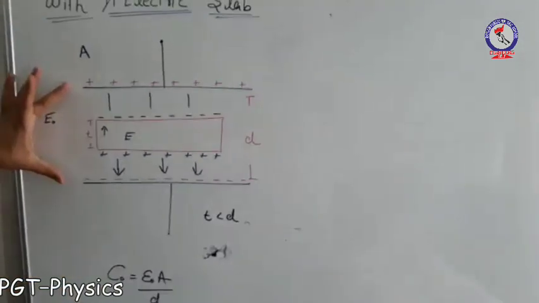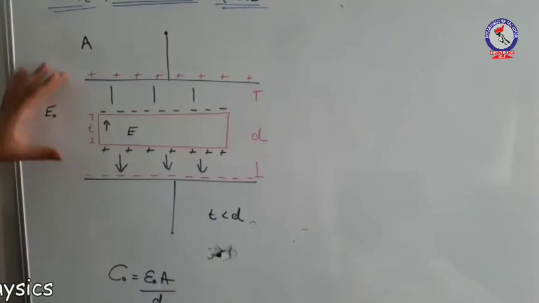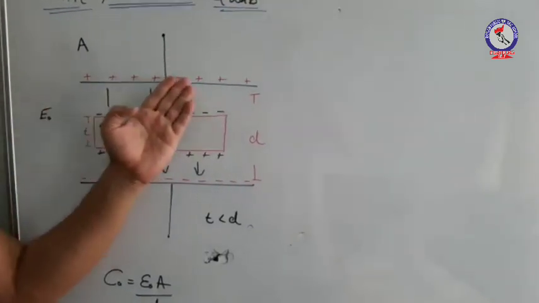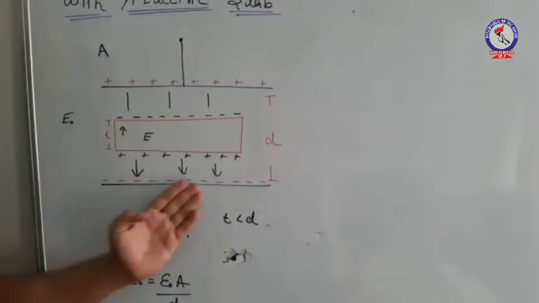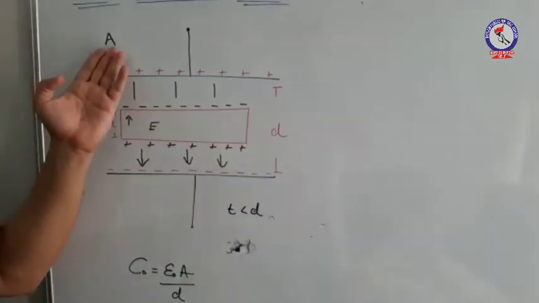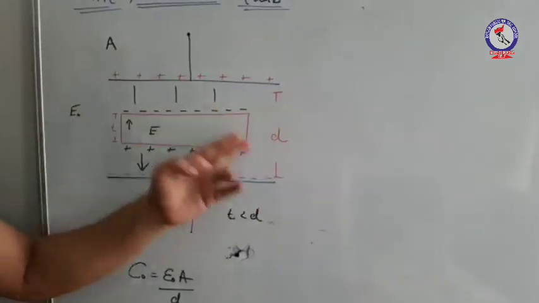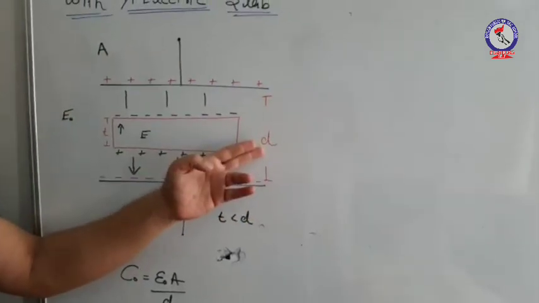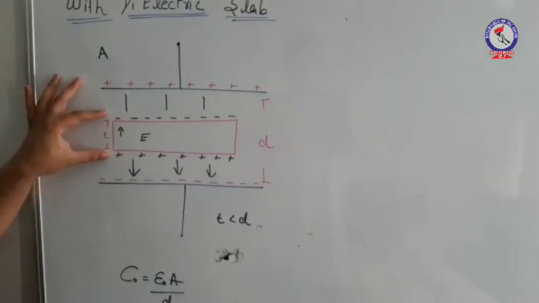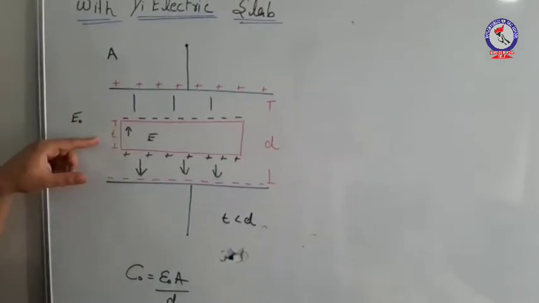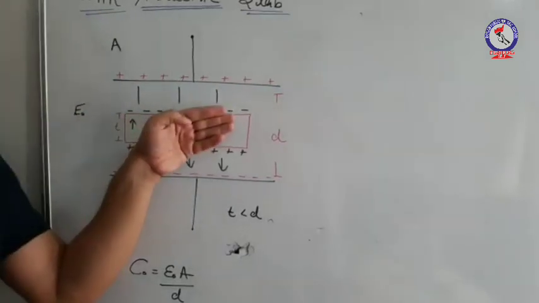Now consider the plates of a capacitor. The charges have been introduced, as you can observe, positive on one side while negative on the other. The plate area of this capacitor is A, while the distance between the plates is d. We are inserting a dielectric slab whose thickness is t between the plates of the capacitor.